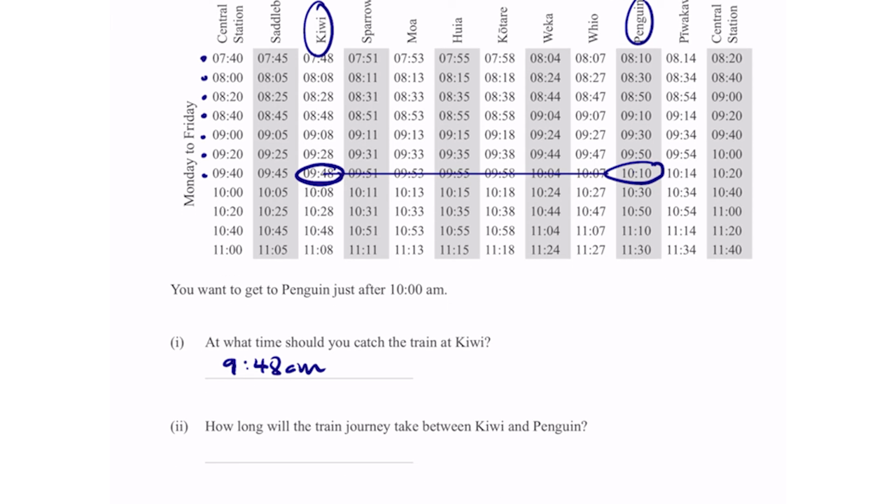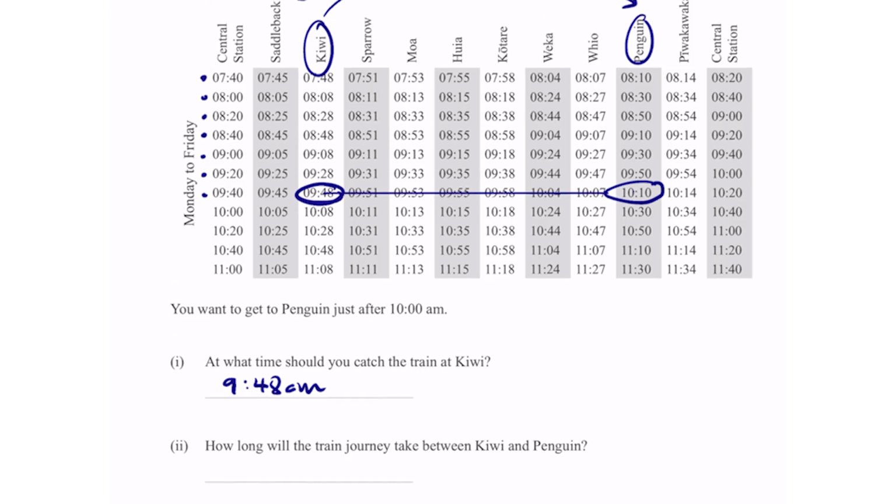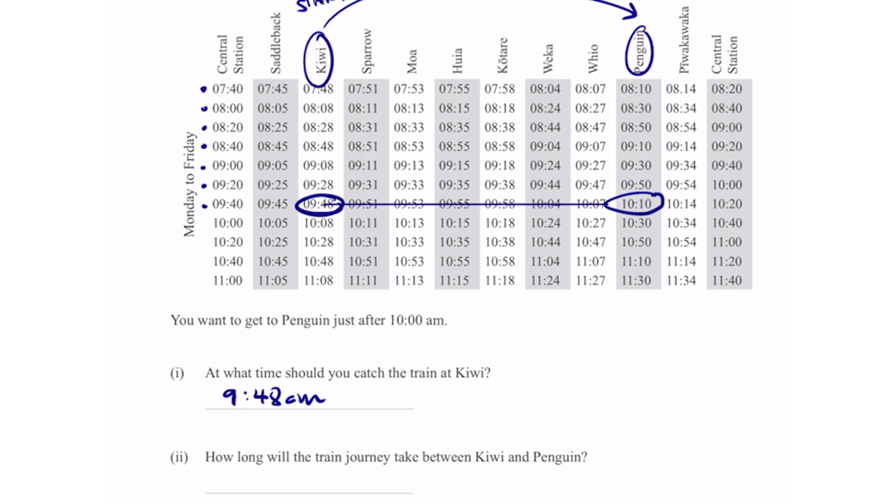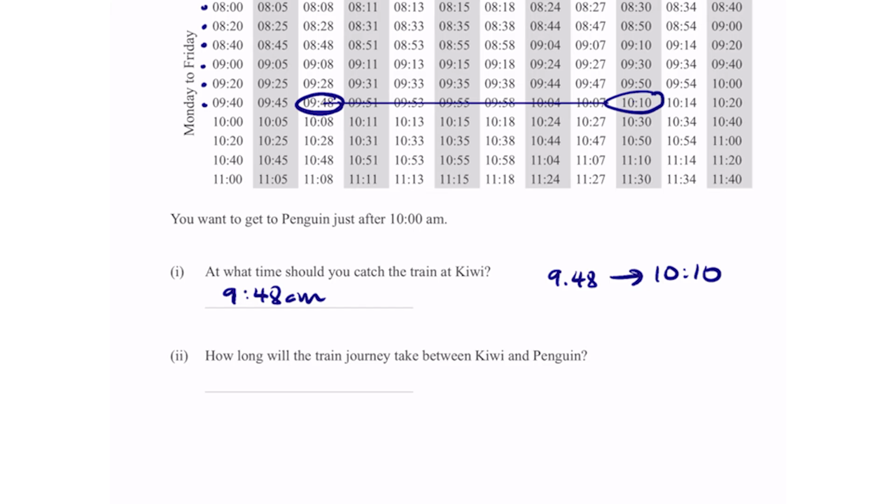Now, how long will the train journey take between Kiwi and Penguin? So essentially, if we are getting on at 9:48 and arriving at 10 past 10, I guess there's a few ways you could do the maths, but essentially if we just round up to 10, I'm going to break this down from going from 9:48 to 10 o'clock, and then from 10 o'clock to 10 past 10.